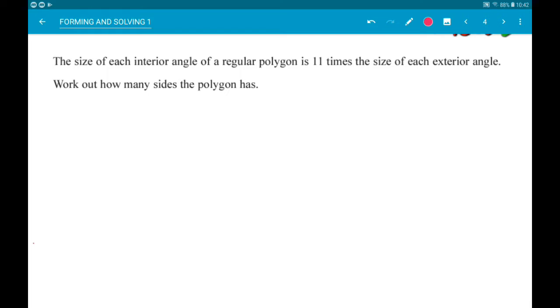So, what we can do from that, we can write I is equal to 11E. First of all, so the interior is 11 times the exterior. Next, we know that I add E is equal to 180.